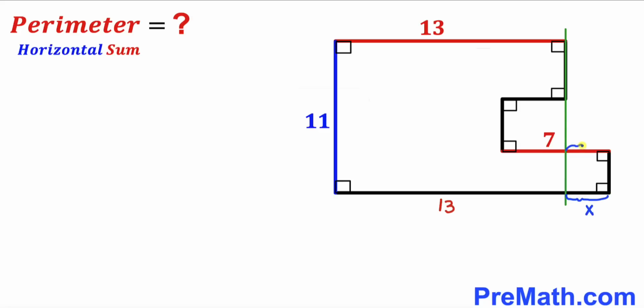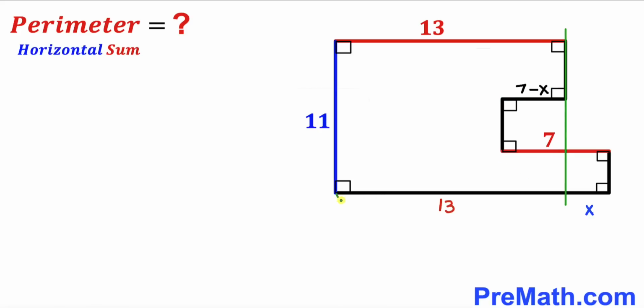Then this length is going to be x units as well. We know this whole length is 7, so this remaining length has got to be 7 minus x. And this is the same as this segment length, so this has got to be 7 minus x as well.